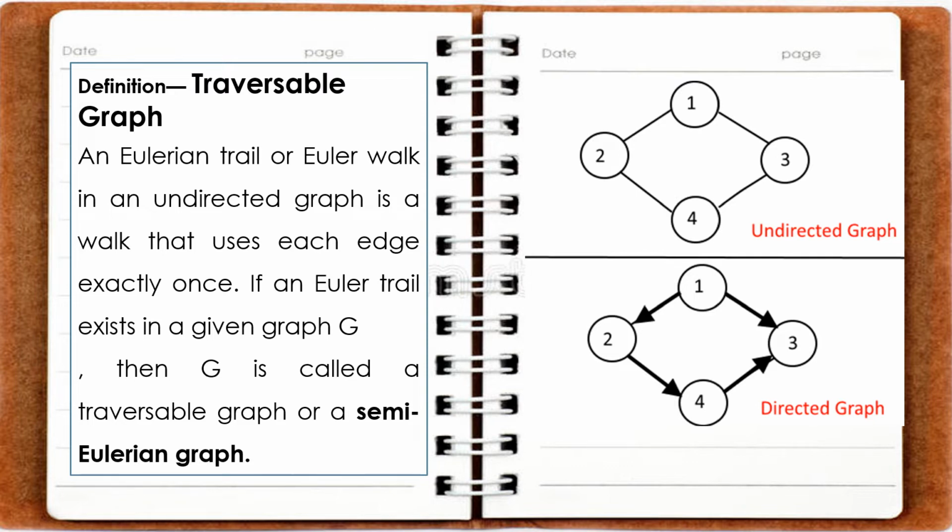If we went from vertex 1 to vertex 2, then after that, we have to go to vertex 4. Then after vertex 4, we have to go to vertex 3. Then from vertex 3, we cannot go back to vertex 1 since there's no direction pointing that we can go from vertex 3 to vertex 1. So that's the difference between an undirected graph and a directed graph.